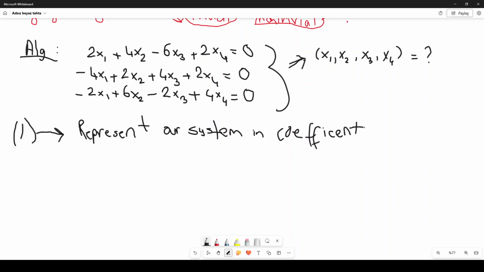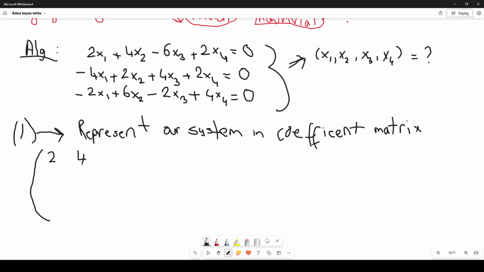Well, we'll get to that point. After we write the first step, let's now see why that is supposed to happen. Okay, suppose we write our system in the coefficient matrix form.